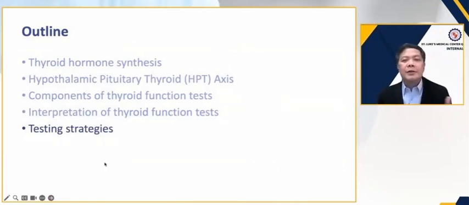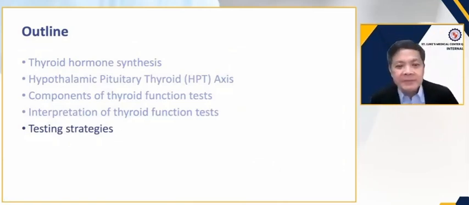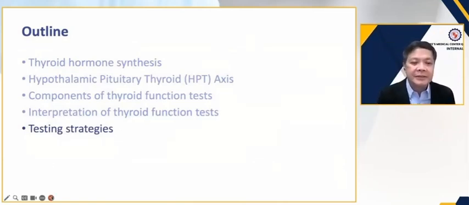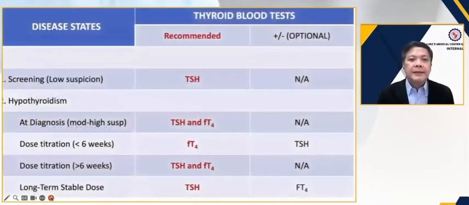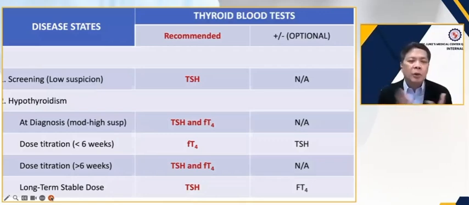So which ones to request for? The testing strategies. Let's talk about the testing strategies. If your suspicion for thyroid dysfunction is quite low, let's say out of the picture, everything is perfect, they just have a nodule or a goiter, but everything you asked them, from weight, cold or heat intolerance, menstrual cycle, they absolutely don't have any symptoms, then all you need to do is TSH alone.